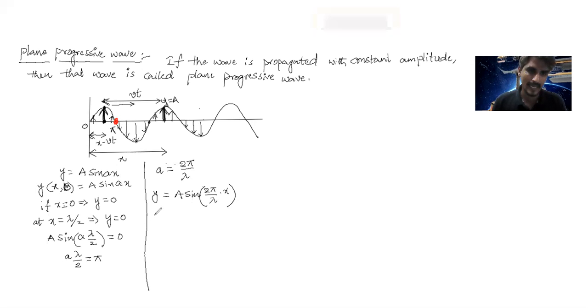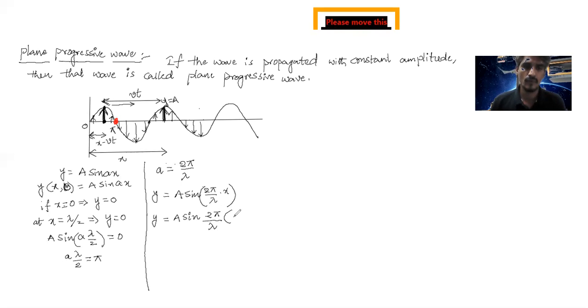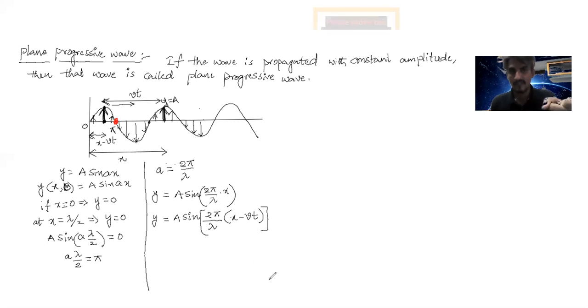Therefore, again we will get the same value of y at a sine 2 pi by lambda into x minus vt distance. As we have already understood how at x minus vt distance we will get the same value of y. We have done this previously also by taking a pulse, and even in this example also I have taken it. So 2 pi by lambda into x minus vt.